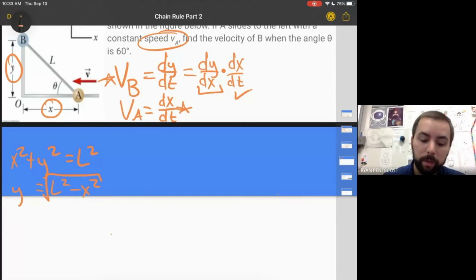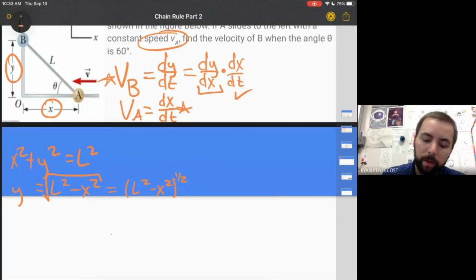We actually have something to take the derivative of. Now it's kind of tricky to take the derivative of a square root because there's no exponent there. So let's rewrite this as L squared minus x squared to the 1/2 power. Now, if we want to take the derivative of that, this looks familiar, right?